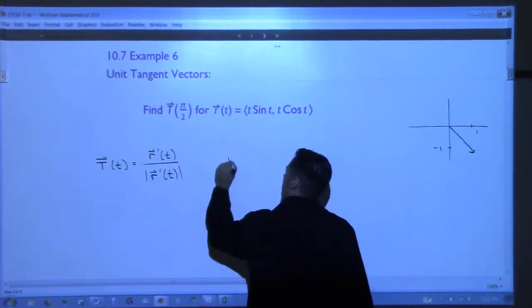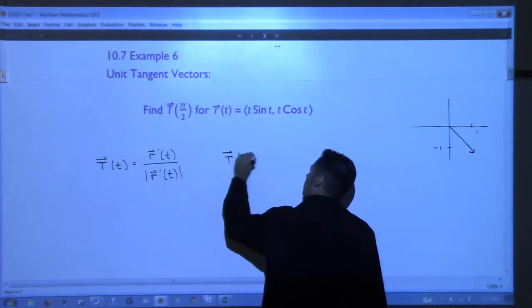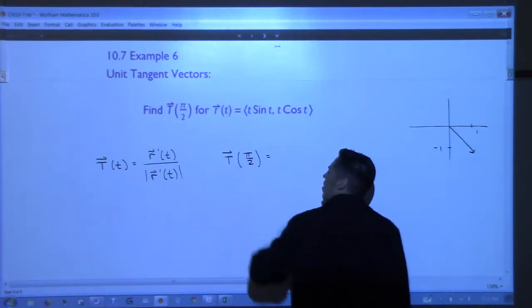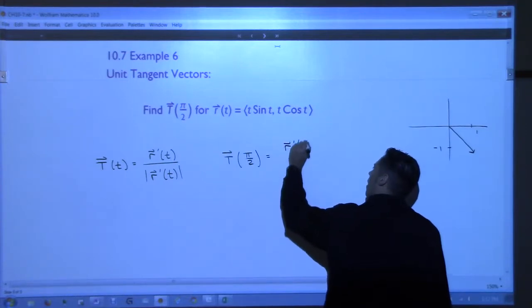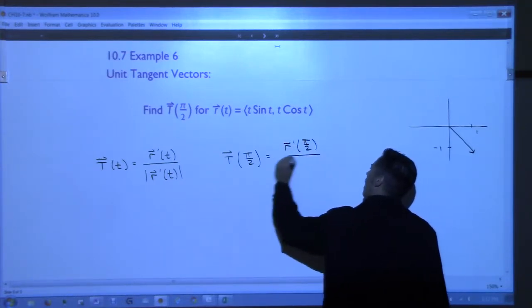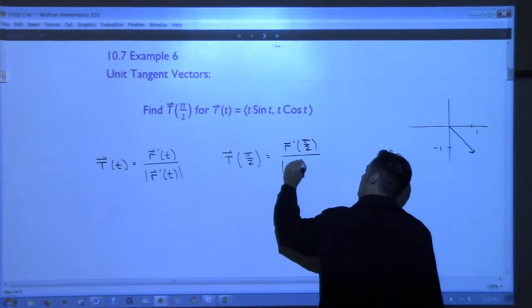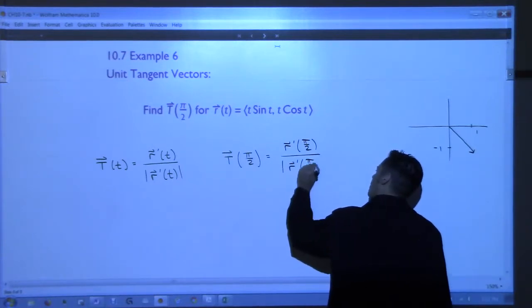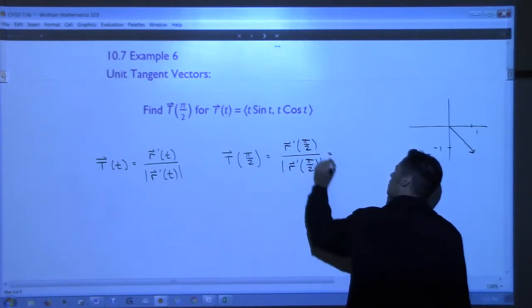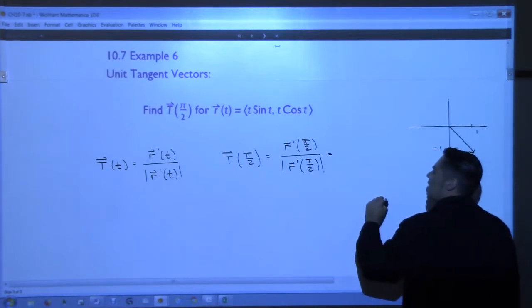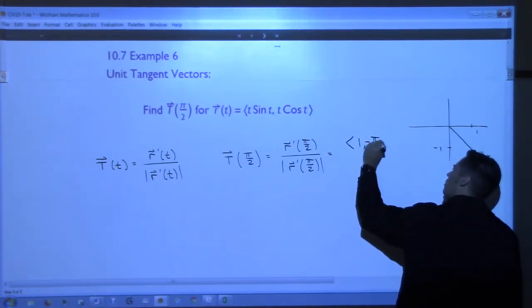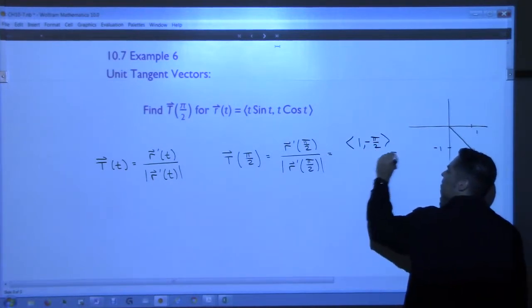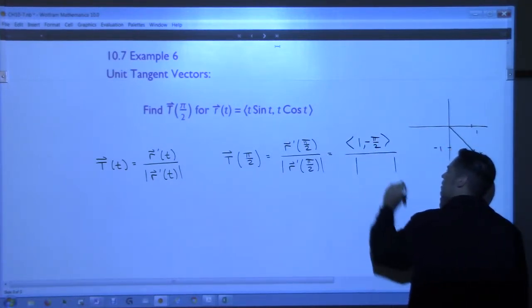And so if we wanted to know capital T of pi over 2, we would be taking the derivative at pi over 2 and dividing it by its own length. And what was the derivative again, the vector? It was 1 comma negative pi over 2. We take that vector and we divide it by its own length.